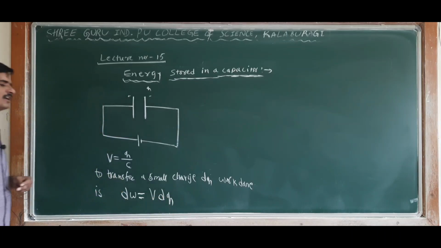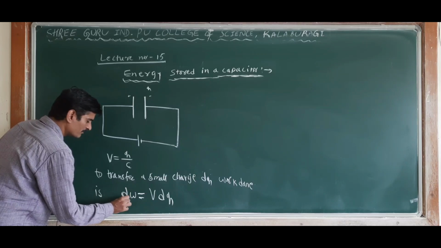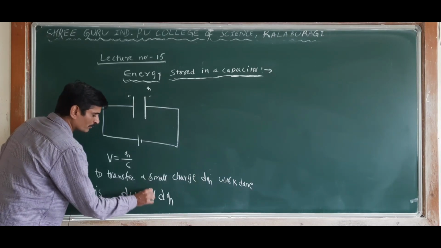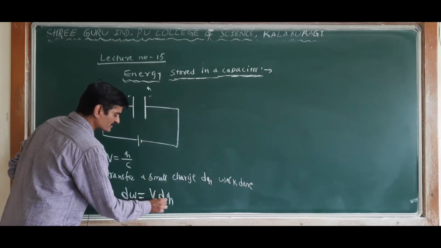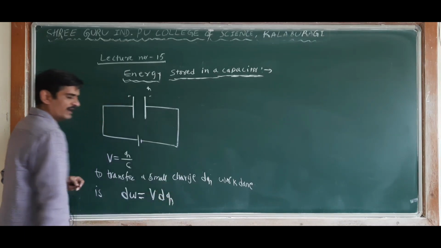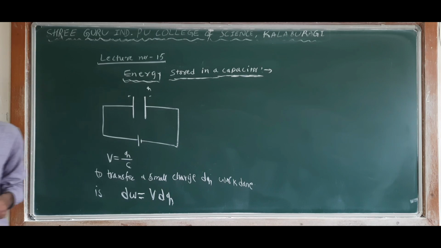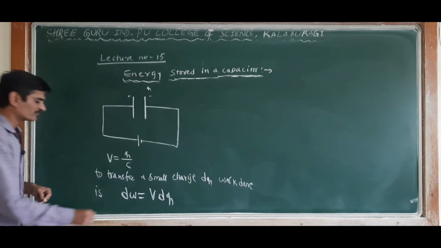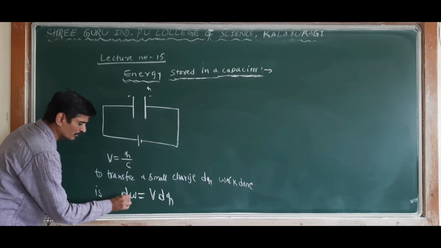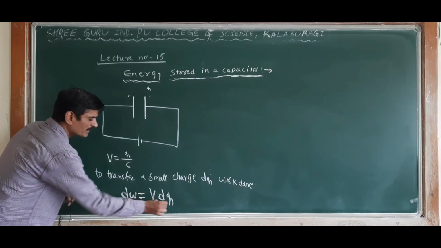To transfer a small charge dq, the work done is given by dW is equal to V into dq. V is potential difference between the plates and dq is the small amount of charge that has to be transferred. And to transfer a small amount of charge dq, a small amount of work has to be done, and that small amount of work done is dW. So dW is equal to V into dq.